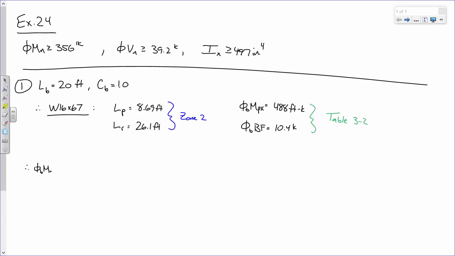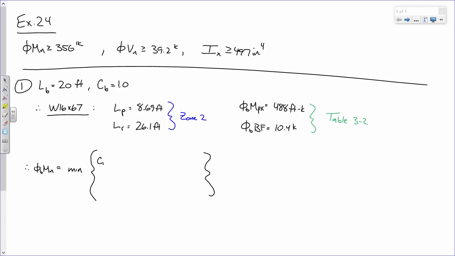is phi Mn equals the minimum of a pile of junk and phi Mp. Remember, anytime you're in zone 2 or 3, your capacity is always calculated as the minimum of pile of junk or the plastic moment, because remember your capacity is always cut off at Mp.